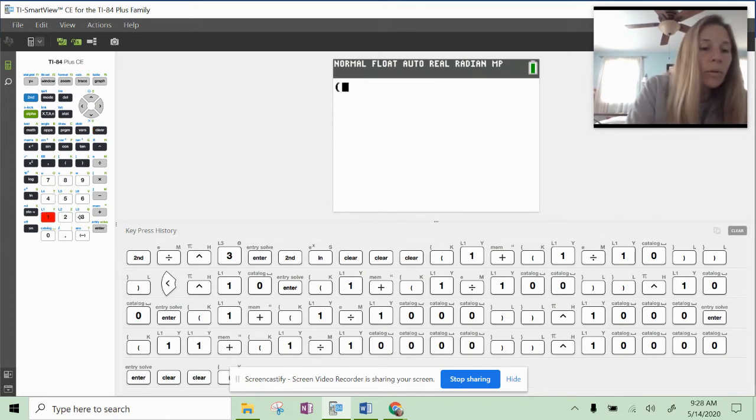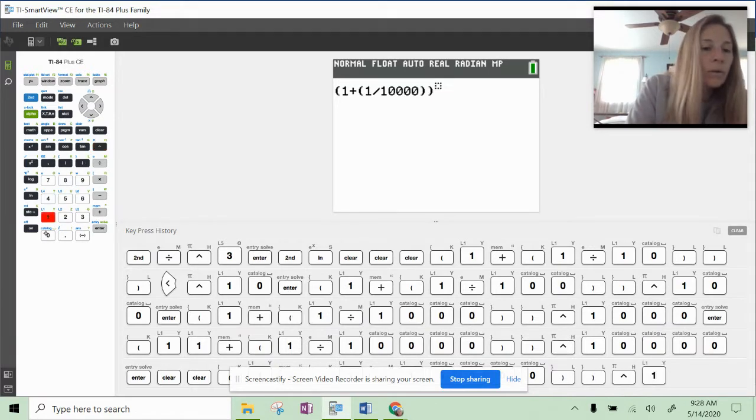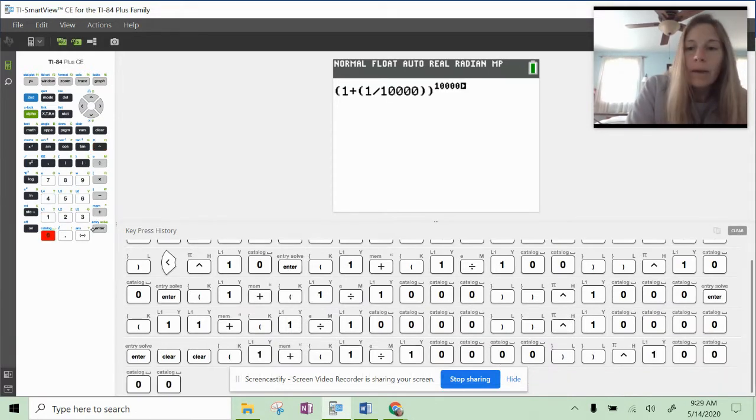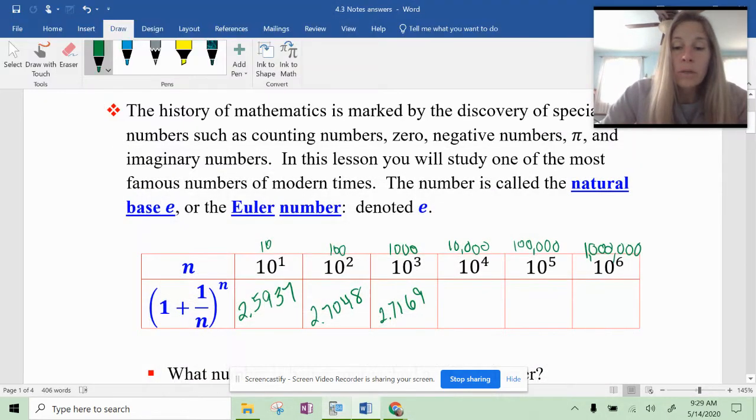Okay, so 1 plus, parenthesis, 1 over 10,000, and then we're going to raise it to 10,000. And we get 2.7181. So now you can see it's kind of holding at 2.71 and just the other digits are changing.